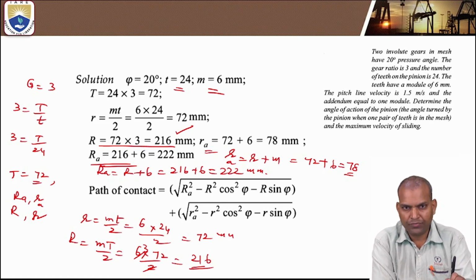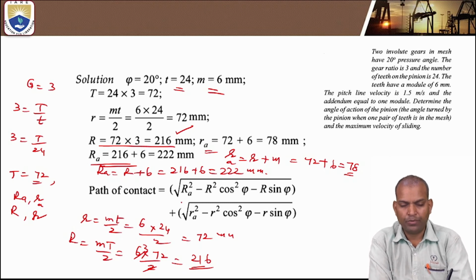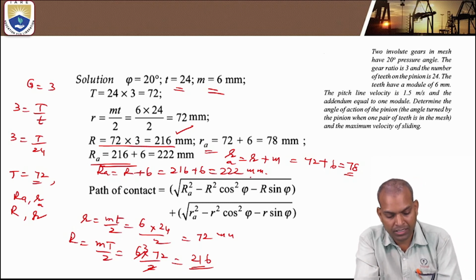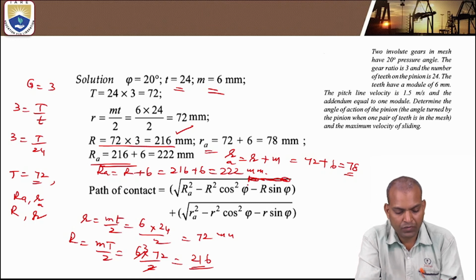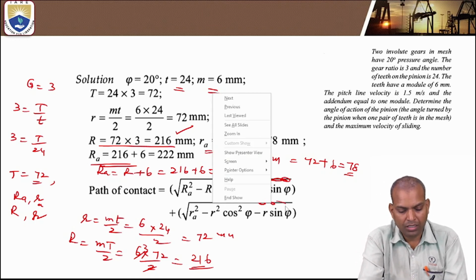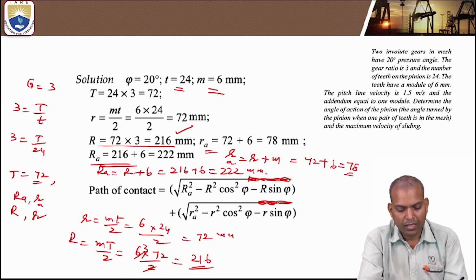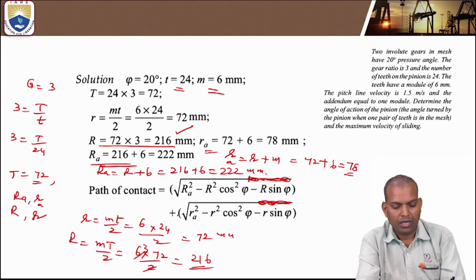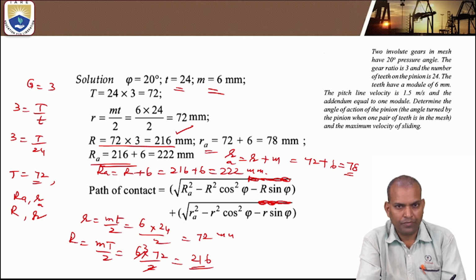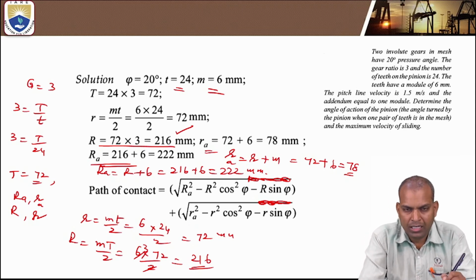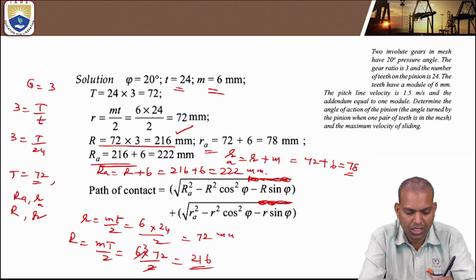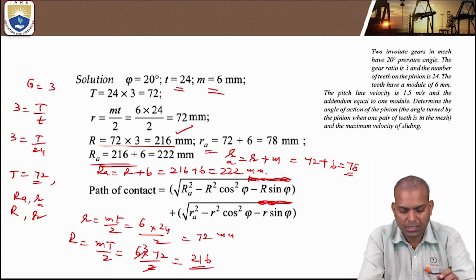The path of contact is path of approach plus path of recess, where path of approach equals the square root of RA square minus R square cos square phi, minus R sin phi. For path of recess, we consider the pinion dimensions, that is small r: the square root of RA square minus R square cos square phi, minus R sin phi.